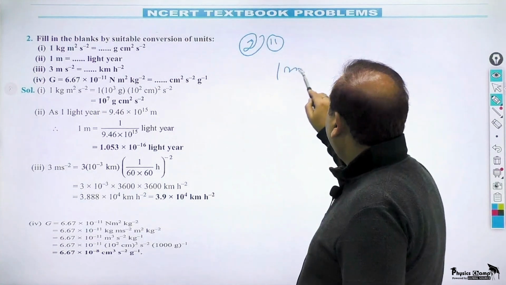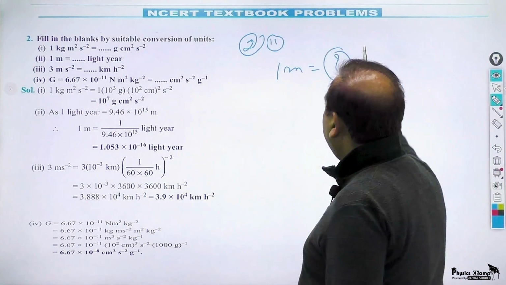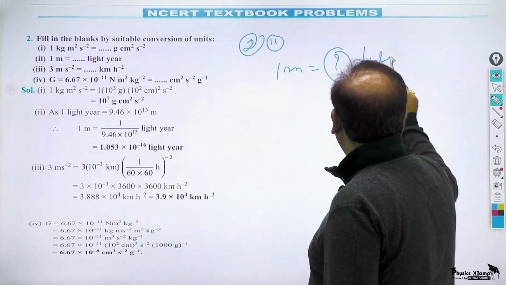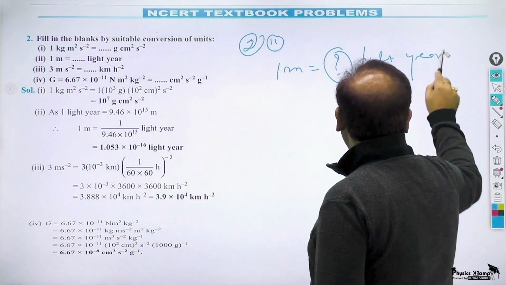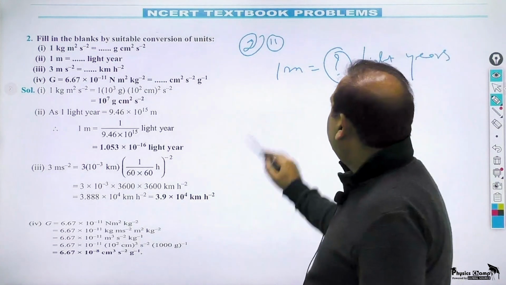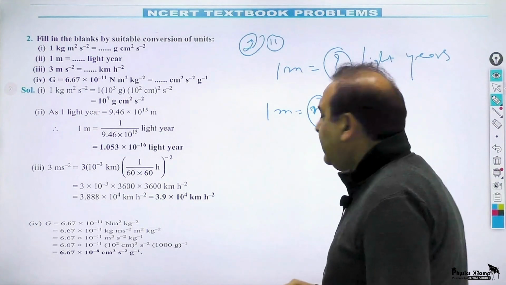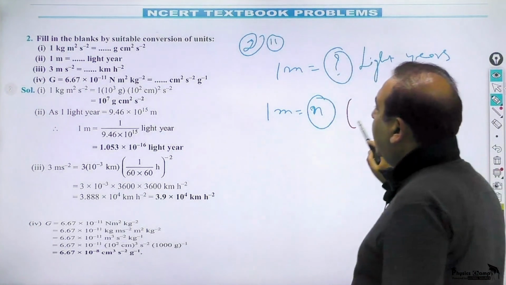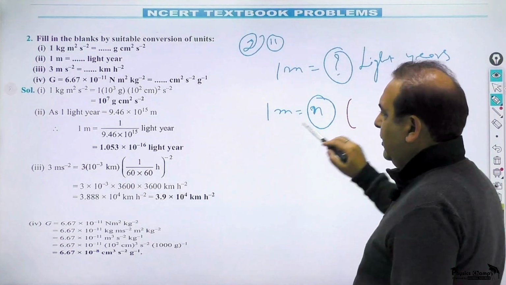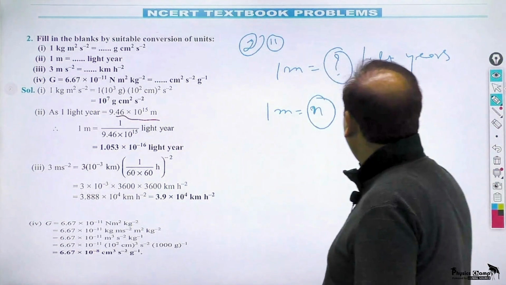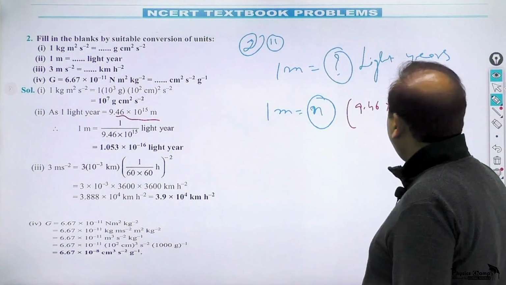Similarly, second question. 1 meter is equal to how many light years? So we know 1 meter and we want to know the value of n, and how much is 1 light year? 1 light year is 9.46 into 10 to the power 15 meter.